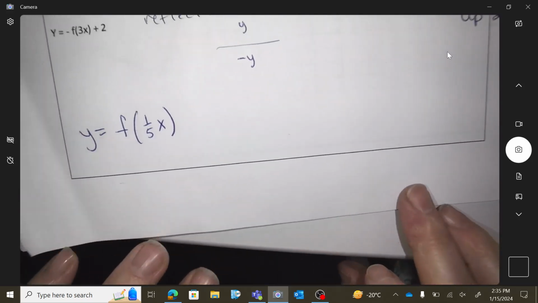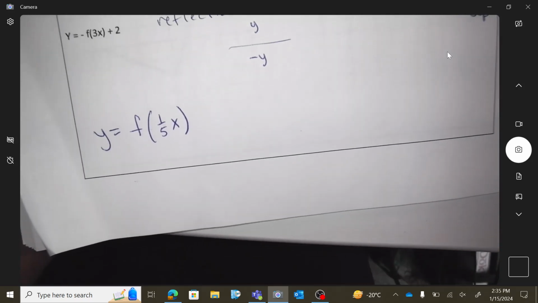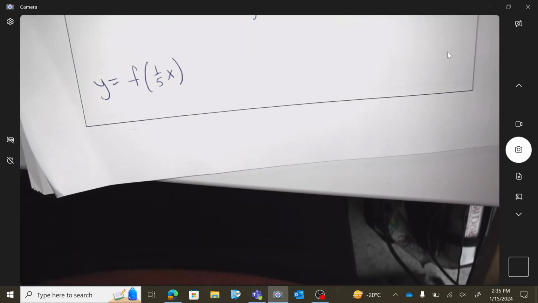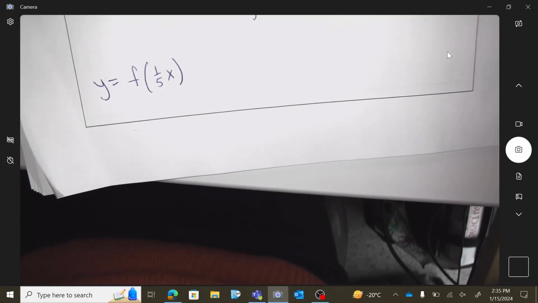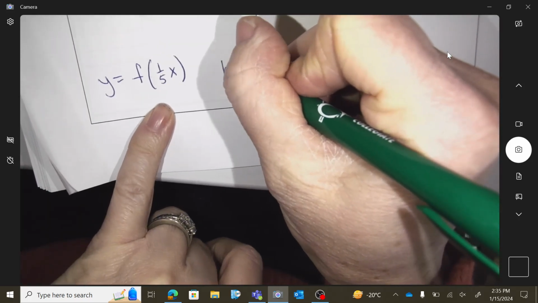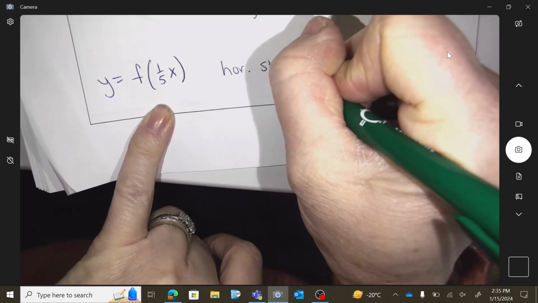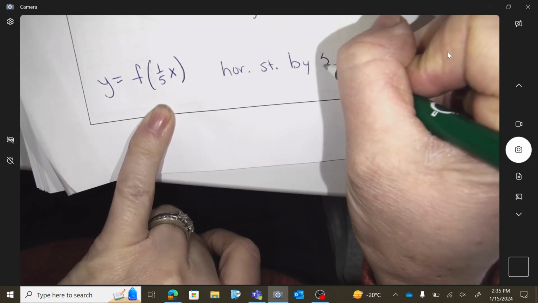I should add something like this on there. Because what happens if B is 1/5? Then it actually does a horizontal stretch by 5.